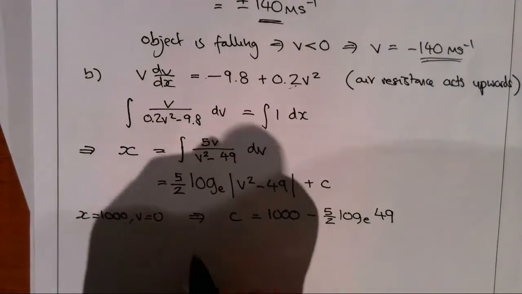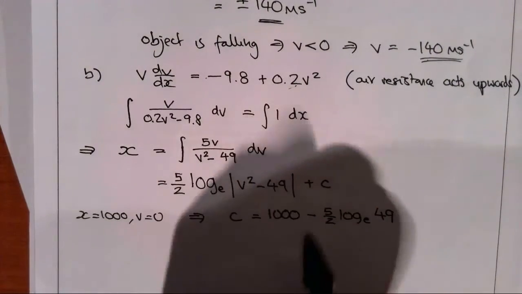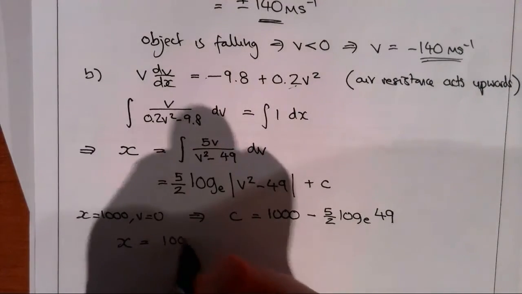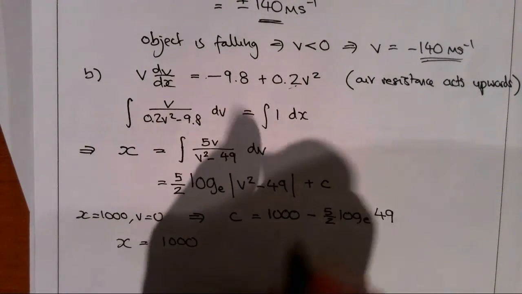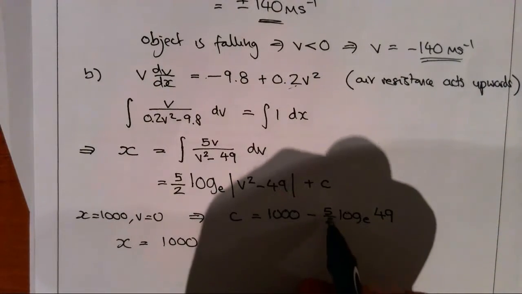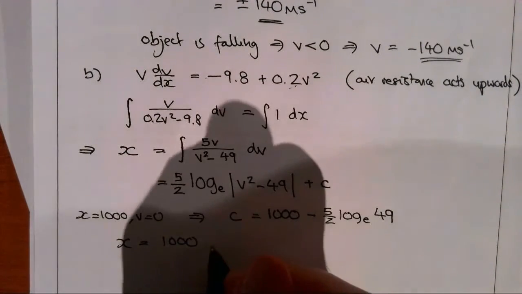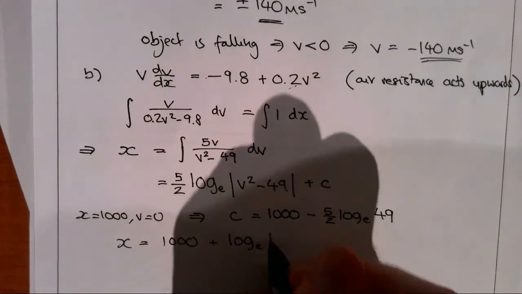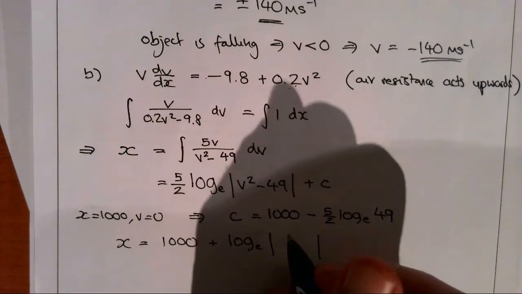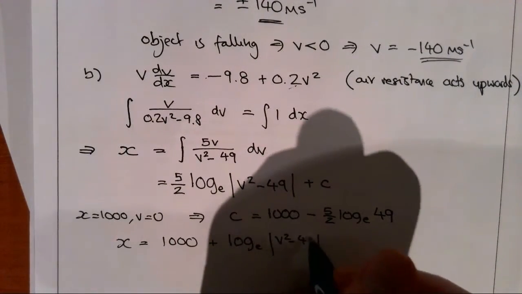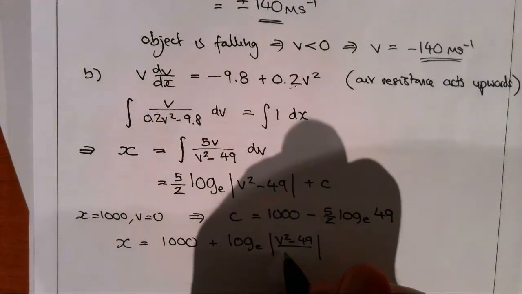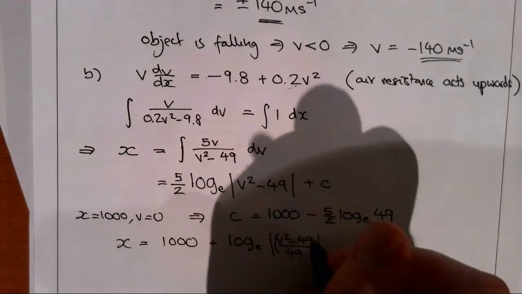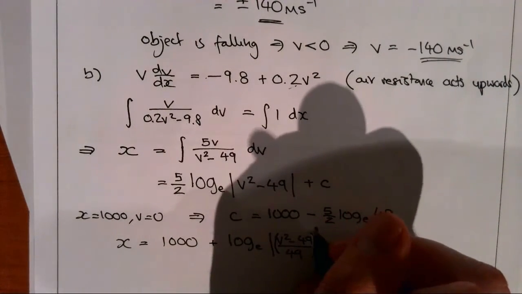And then when we combine that with this expression, we can combine the logs again. We're going to end up with x equals 1000, and then both of these logs have the same coefficient, so I'm going to bring that inside, and I'm going to have plus log base e magnitude v squared minus 49 on the numerator over 49, and then the power of that is going to be to the power 5 over 2.